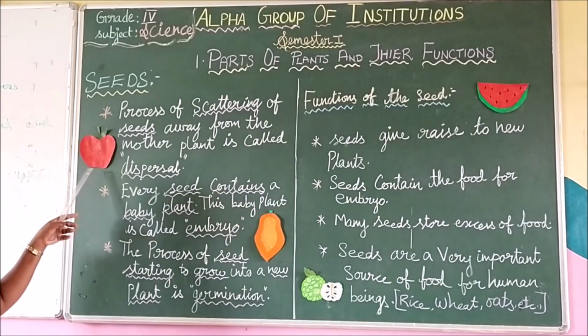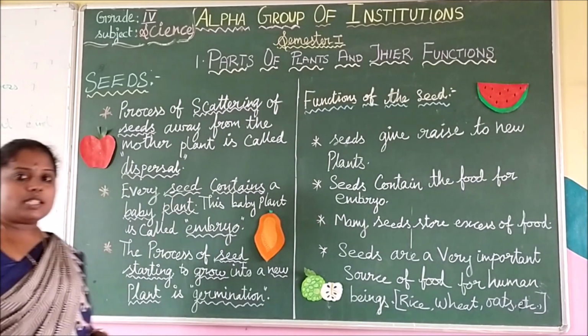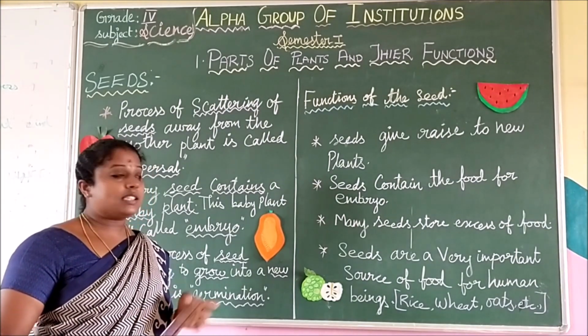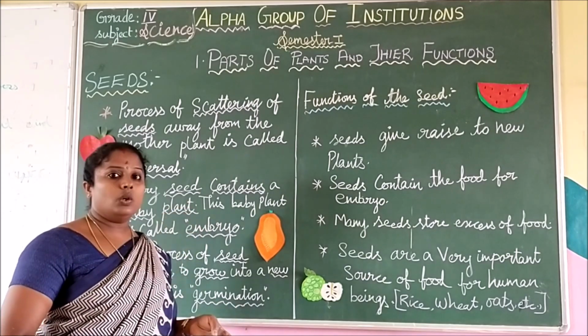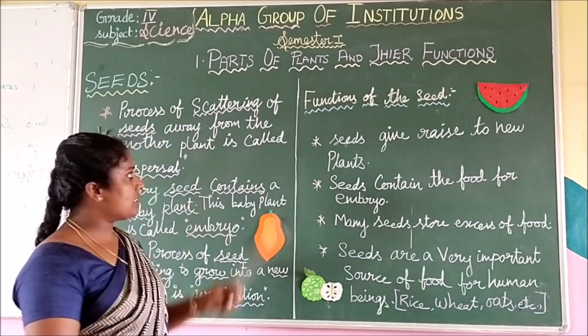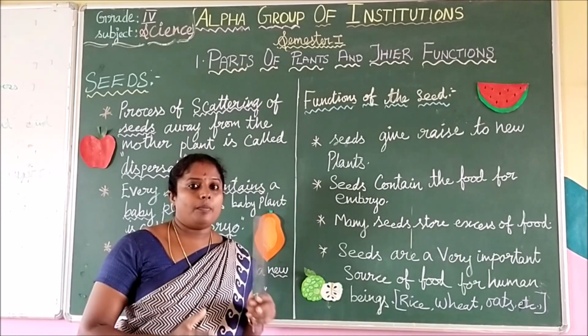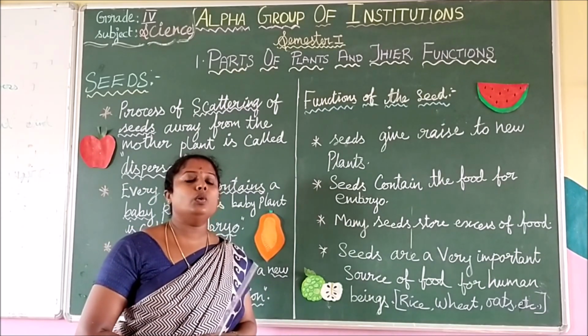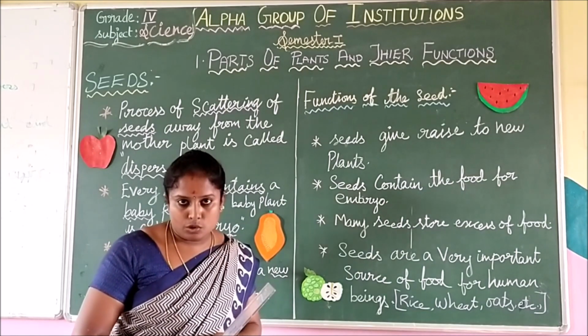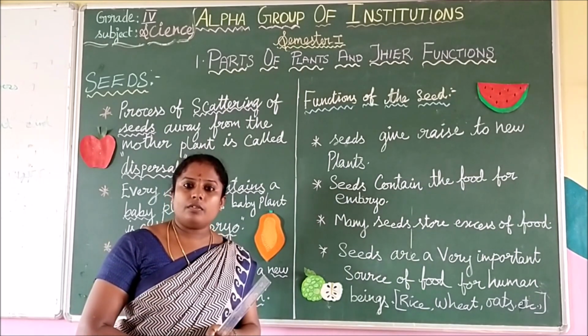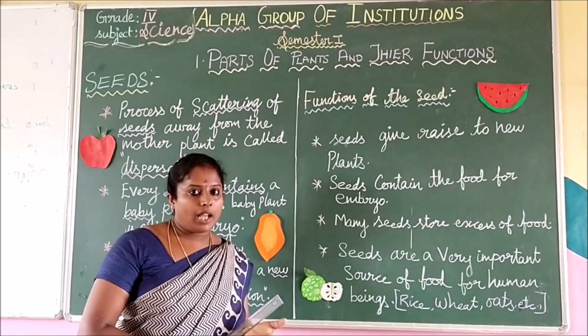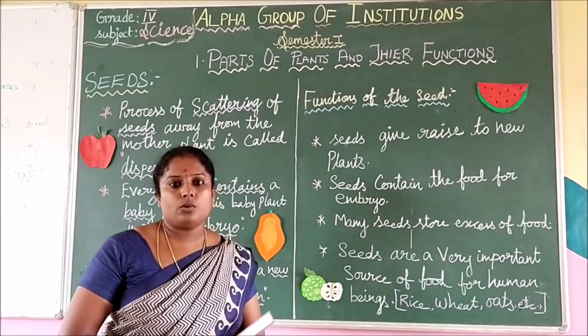In this class, we have discussed fruits and seeds. The first lesson, parts of the plants and their functions, covers the parts of the plants. It is divided into the root system and the shoot system. The root system covers the taproot system and the fibrous root system.